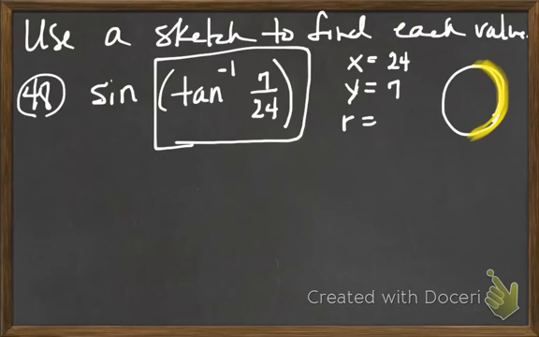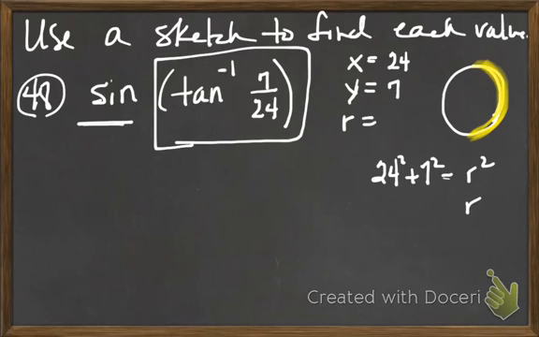All right, we need to find the r because they're asking me for the sine at this same angle. And sine is going to be y over r, okay? Then you go and you find the sine of that same angle. So has somebody done 24 squared plus 7 squared equals r squared yet? Yeah. 25.